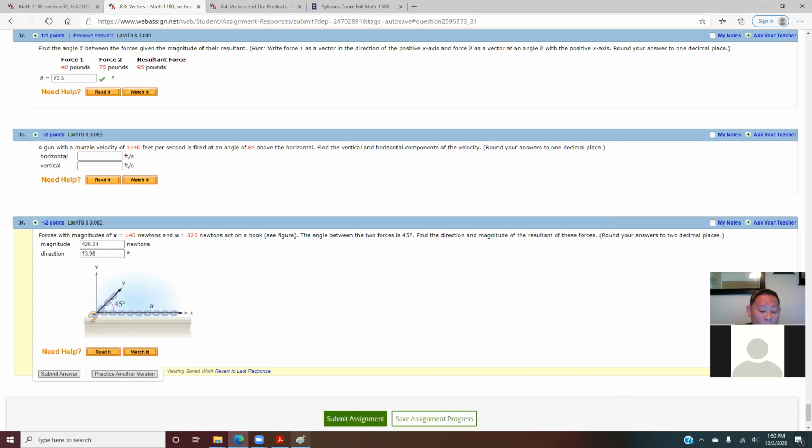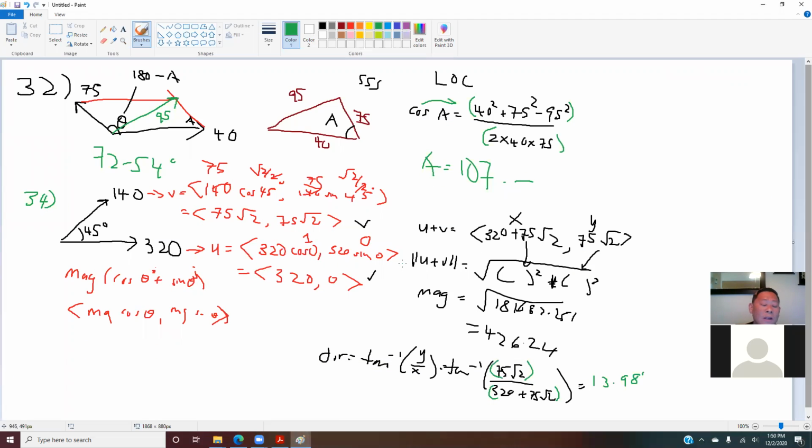Yep. So what does that mean if you draw the pictures here is, if you draw a parallelogram to connect this picture, the resulting force is actually connected from one end to the other end. And this is 426.24 newtons. And then this angle formed from this 320 to this magnitude is around 14 degrees, which is this answer.